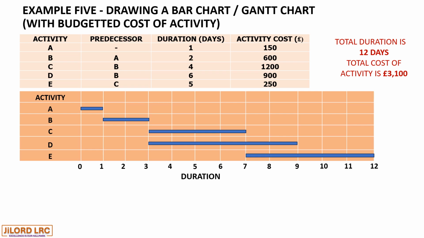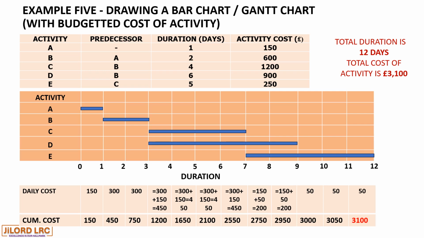Now, how did we arrive at the total cost of 3,100? We added cumulatively the total cost of all the activities. But let us see a breakdown of how this cumulative cost was added.